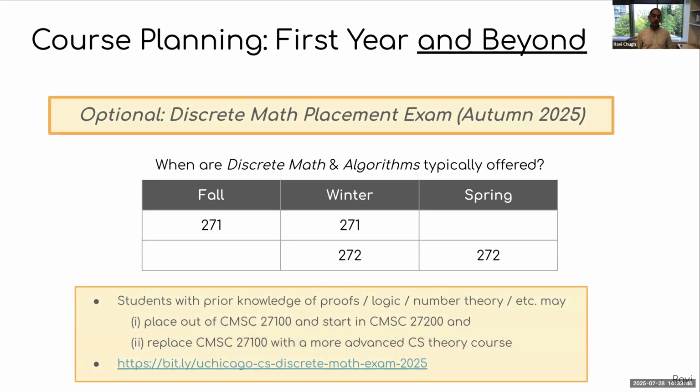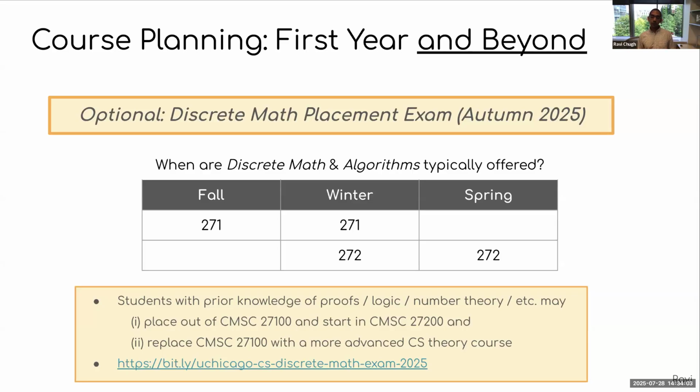One more note that I wanted to mention about these theory courses is that starting this year, in addition to the programming placement exam process, which Borja has told us about, we're also offering an optional placement exam for discrete mathematics.